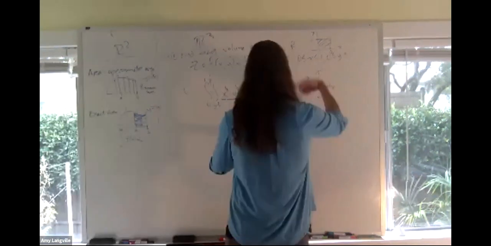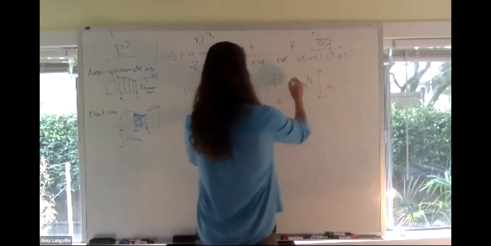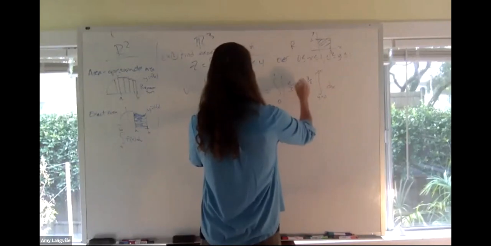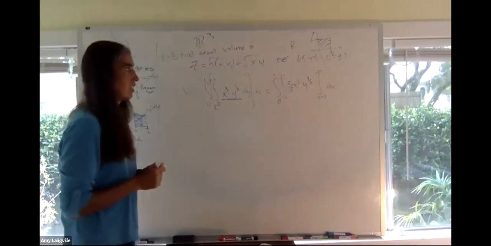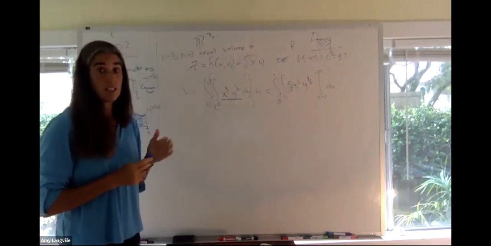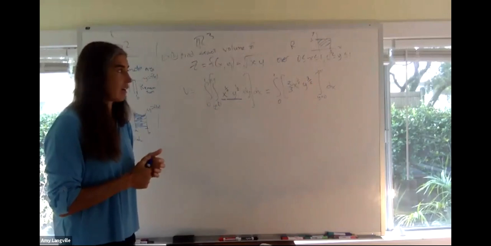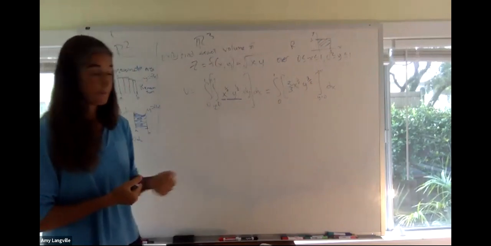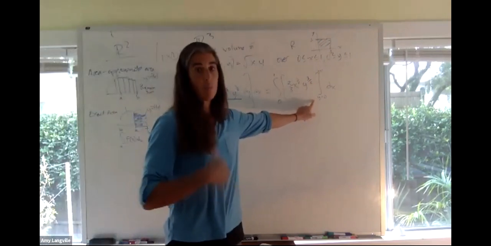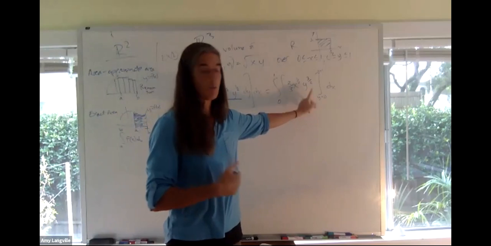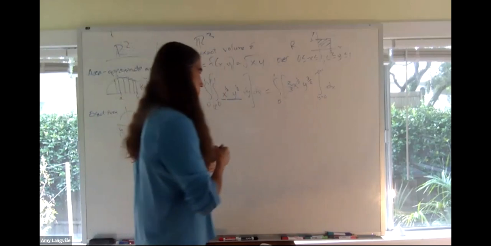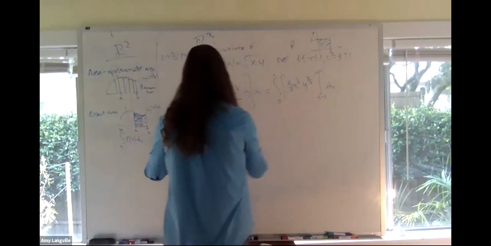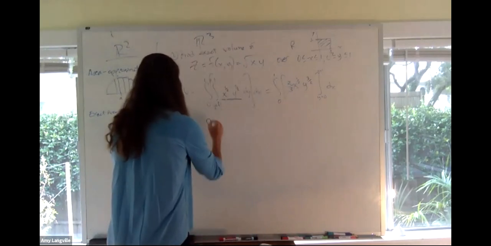So y to the 3/2 over 3/2 is the same as multiplying by 2/3. 2/3 times the x to the 1/2. That is the antiderivative with respect to y, but now I need to evaluate it because it's a definite integral at my y limits. Y goes from 0 to 1. So I plug in at the upper limit minus what happens at the lower limit. I haven't actually done this integral, so again, I'm going to carry that along one more time.